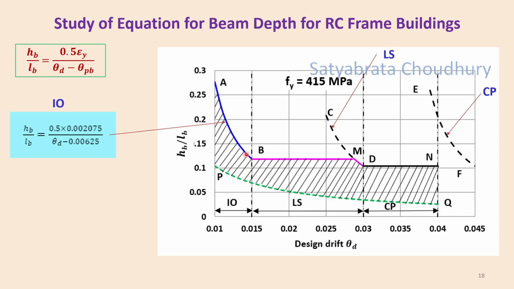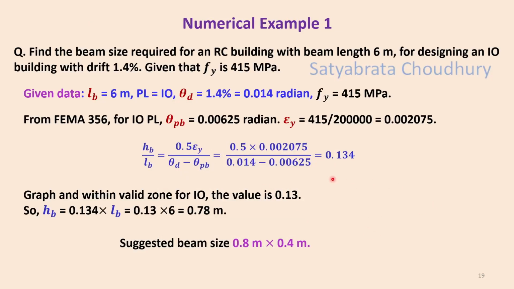So IO at 1.4% drift corresponds to this point here, and this part you can divide into 5 segments, 0.11, 0.12, 0.13, 0.14, up to 0.15. So going vertically from 0.14 and coming horizontally, it seems it is coming around 0.13. Okay. So from the graph I get the value of the ratio HB by LB as 0.13. So HB equals 0.134.